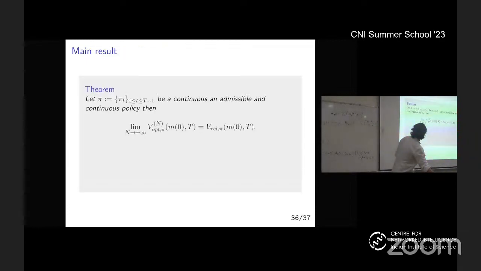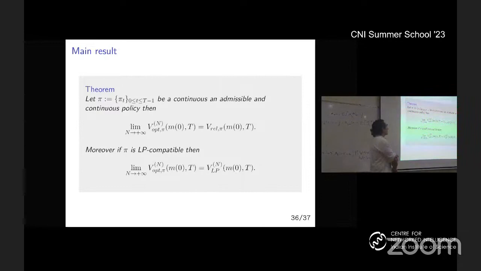And this is the main theorem. First of all, take any policy which is continuous and admissible. Then when n goes to infinity, you will converge to the LP problem. So basically it's saying that relaxing the constraints is good when n goes to infinity.